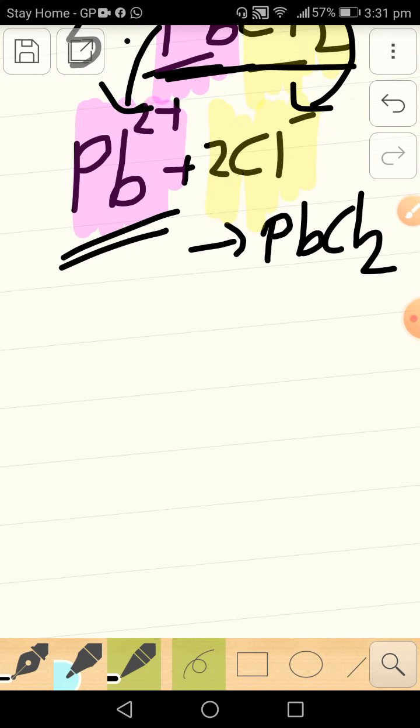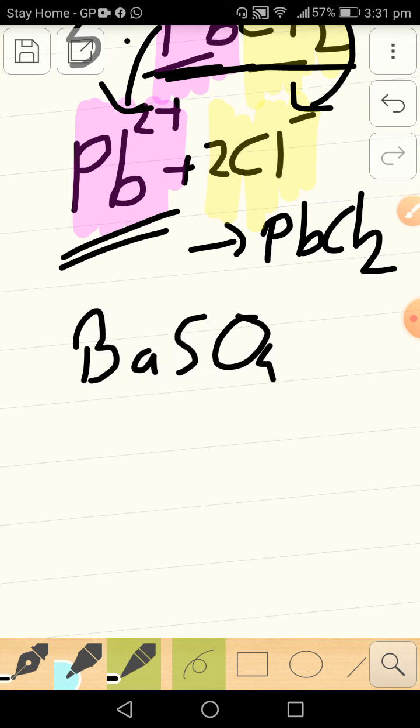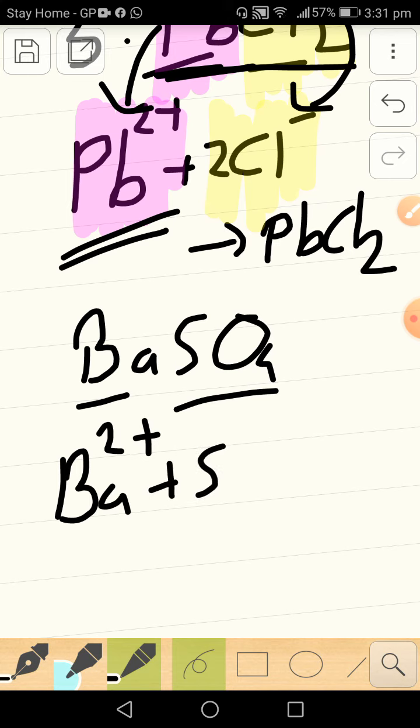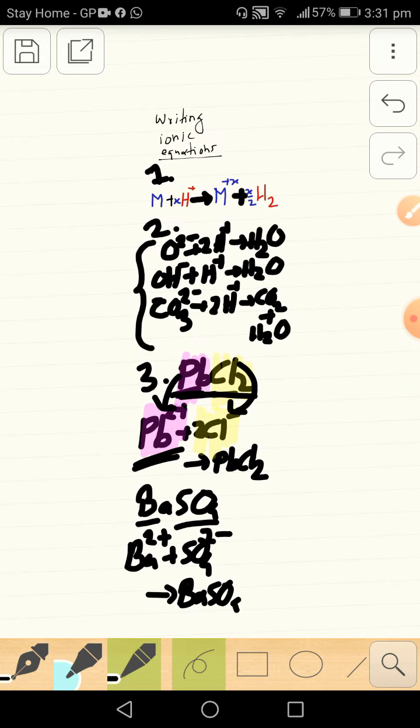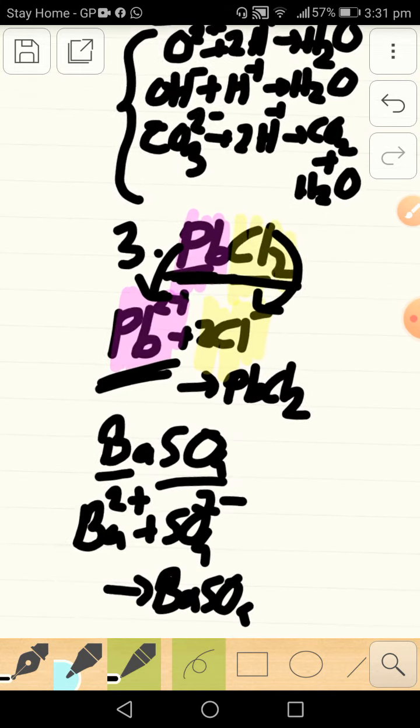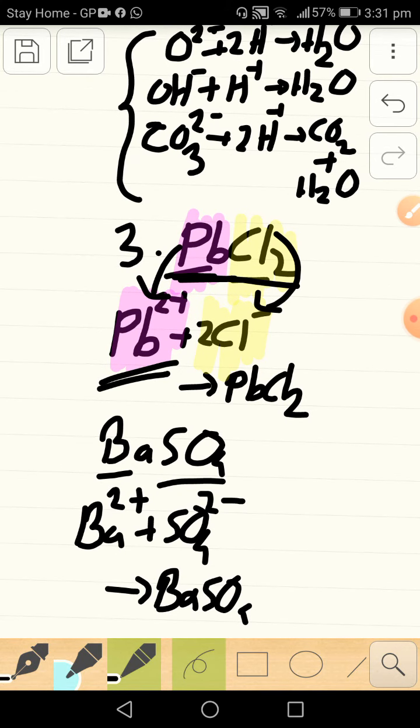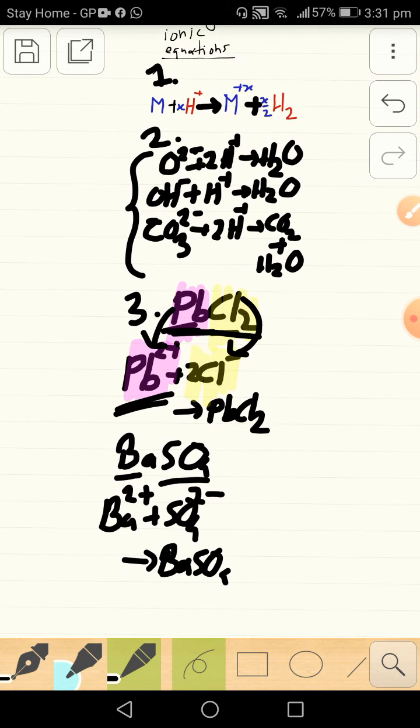If I give another example, like barium sulfate, this is also an insoluble salt. So to write the ionic equation, we are just putting the barium ion and the sulfate ion, and then we are getting the barium sulfate. Okay, so there is one more rule for writing the ionic equation, and we will discuss it later.